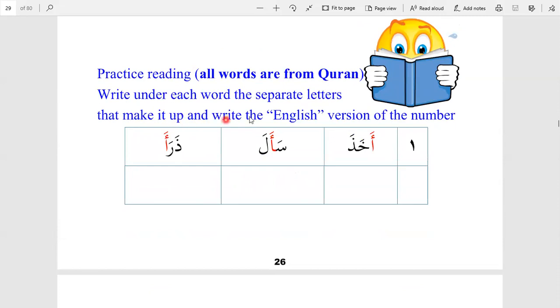It's asking for you to separate the letters of every word. We've done similar exercises previously. This will help you in recognizing letters and also making sure that you know how they look in their standalone forms.